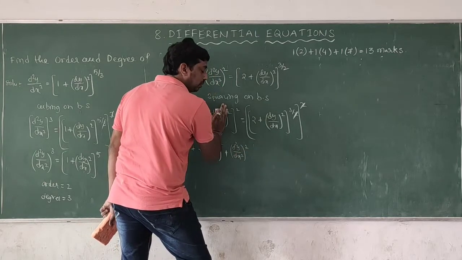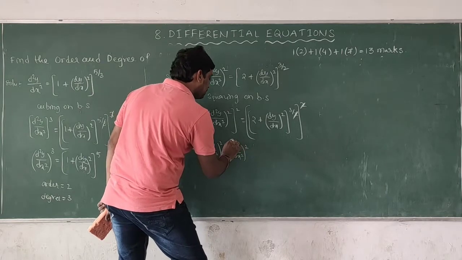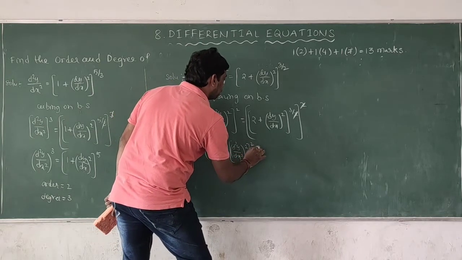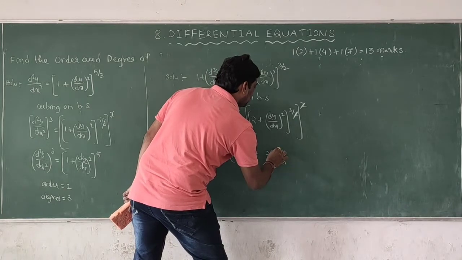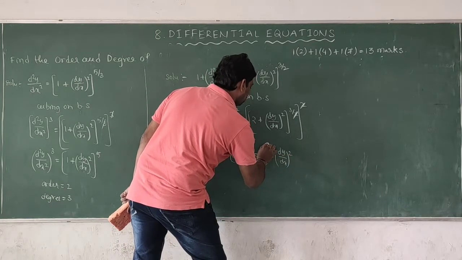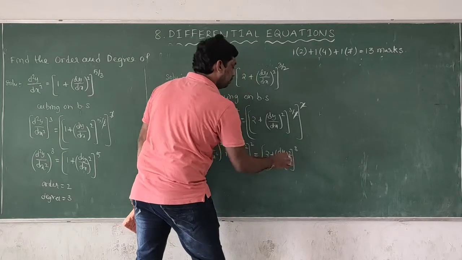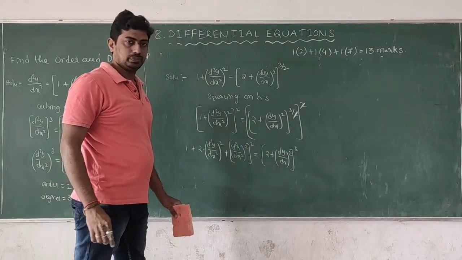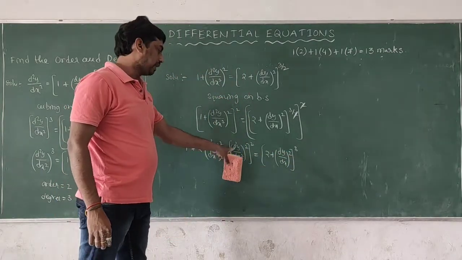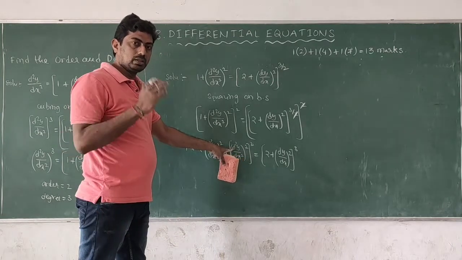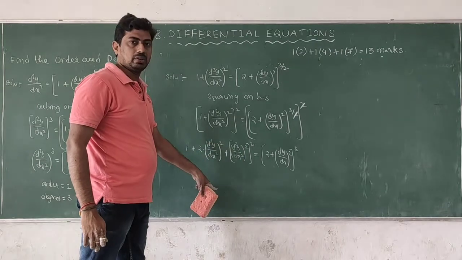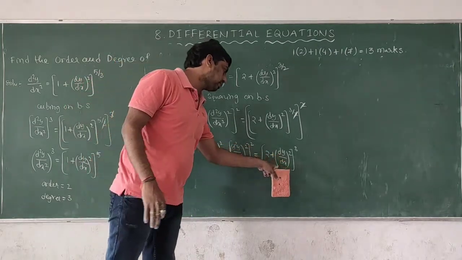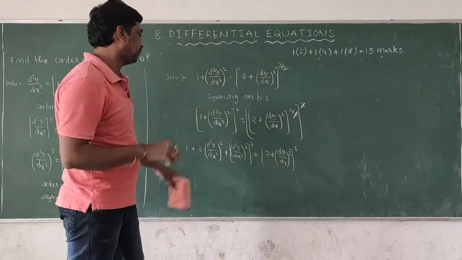Actually b is d²y/dx², so b² is its square, equal to (2 + (dy/dx)²)³. No need to expand this one, because the maximum order is 2, so the degree depends only on d²y/dx². The degree does not depend on dy/dx, so no need to expand that.